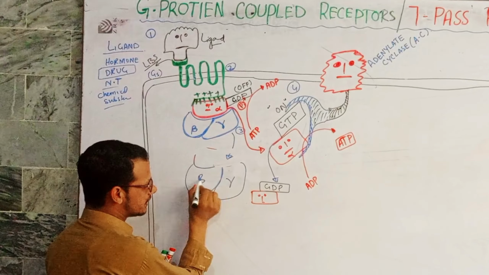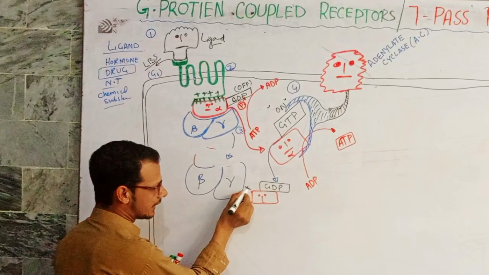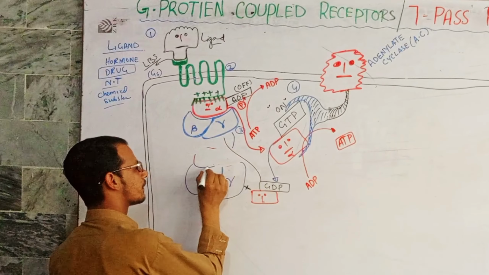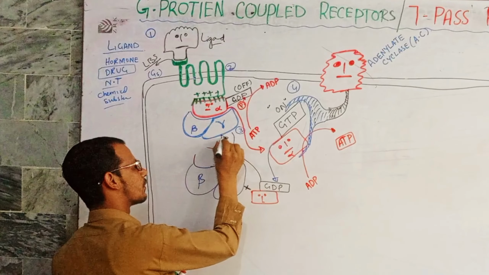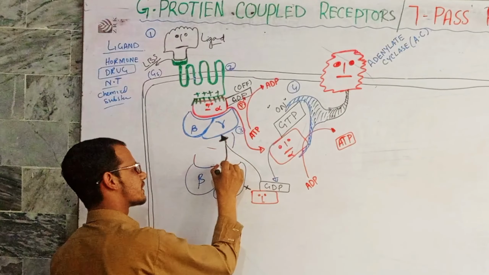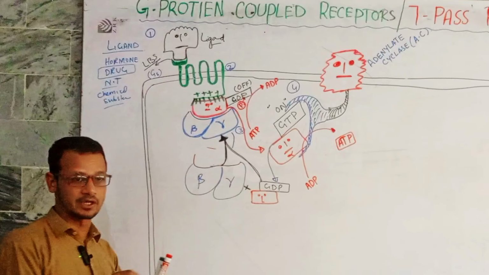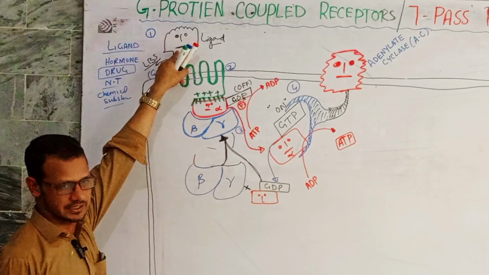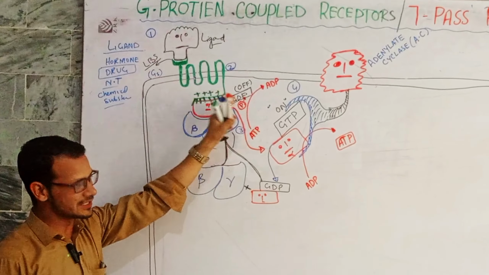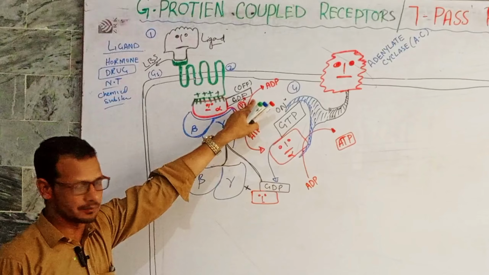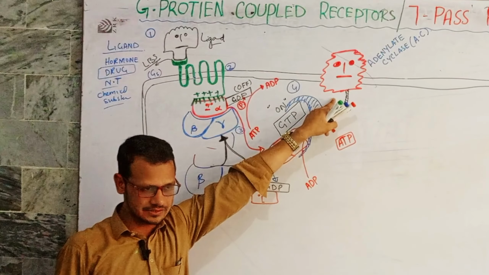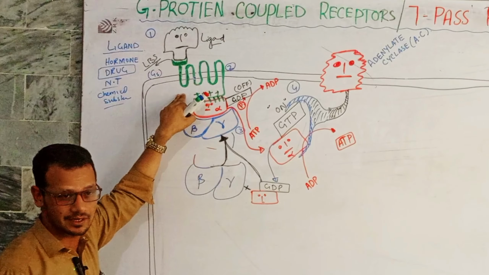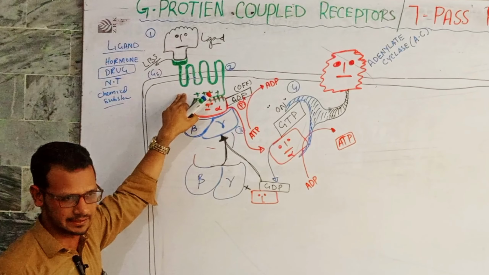Now these peptide chains will react again and form the G protein coupled structure again, attach to this receptor and wait for another ligand, and this is the cycle. When a ligand attaches here, these units will separate, and it will transfer this ATP, this energy, into adenylate cyclase, and it will convert again into the inactivated form and attach to this receptor again for another ligand, right?